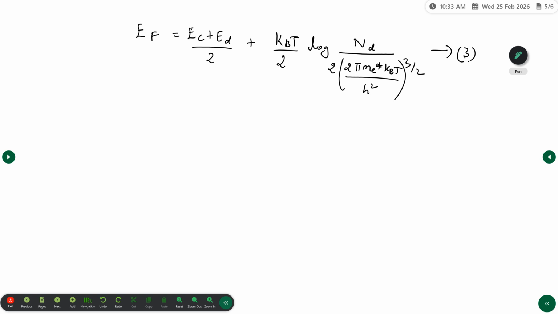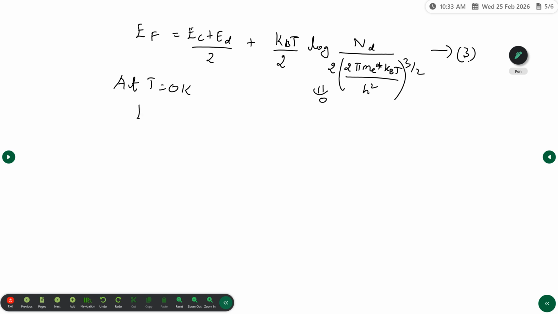So the temperature and also the concentration of these things have an impact on the Fermi energy. So at T is equal to 0 Kelvin, what happens? As a whole, this value becomes 0.